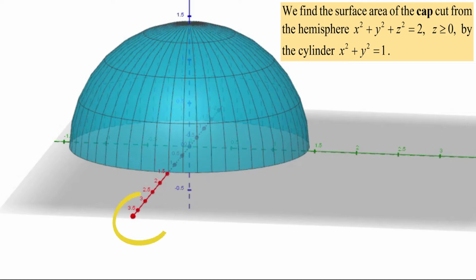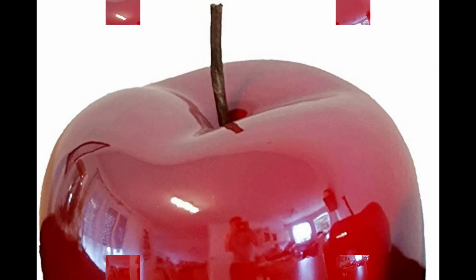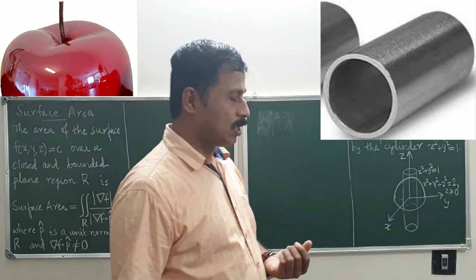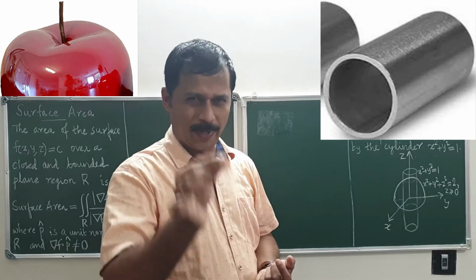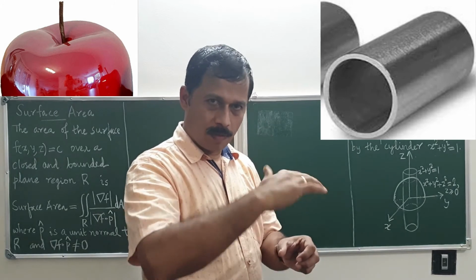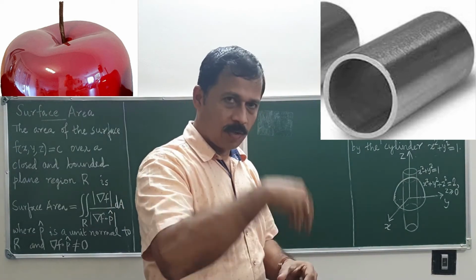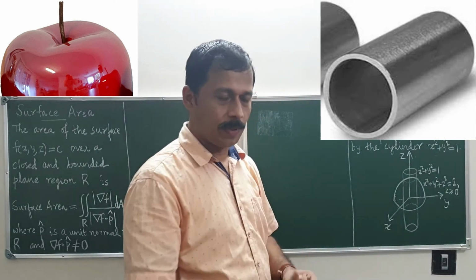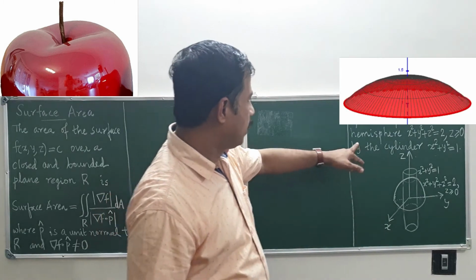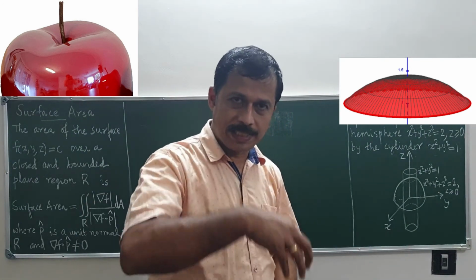This is the x-axis, y-axis and z-axis. Imagine an upper hemisphere cut from an apple. Suppose you have a small pipe of smaller radius and you insert that pipe on the upper portion of the apple that you have already cut from the original apple. We can remove a small portion using that pipe, and there you can see a cap shaped portion of the apple inside the pipe.